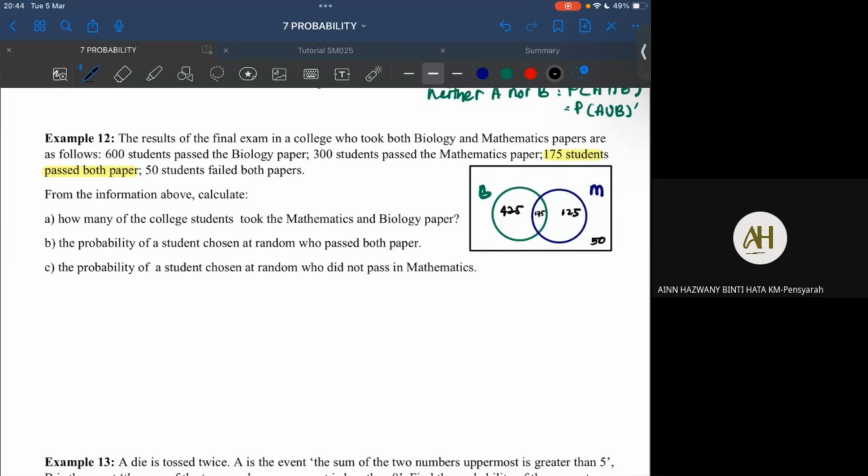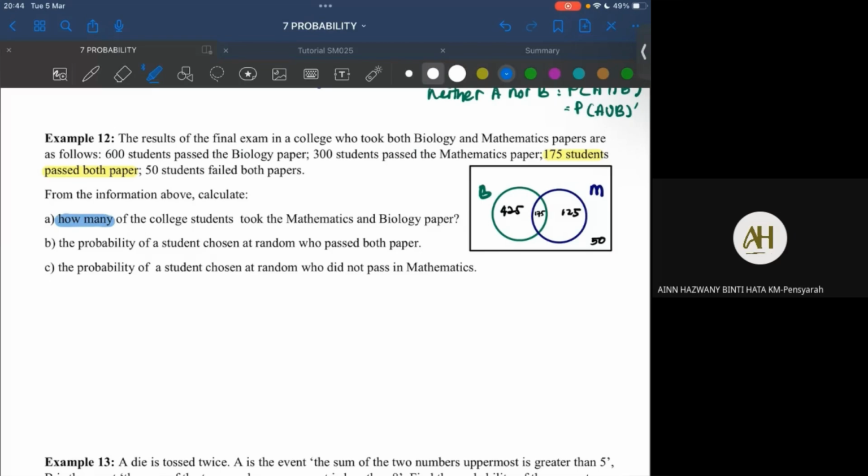Find the probability. How many of the college students took the maths and biology paper? Read the question carefully. Dia tak minta probability. Okay. Saya yang sebut probability. Dia tak minta pun probability. Okay. The question said from the information above, calculate how many. How many maksudnya dia nak nombor.